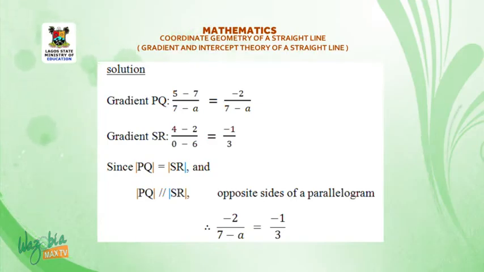Since the line PQ is parallel to SR, that is, opposite sides of a parallelogram, therefore minus 2 all over 7 minus a is equal to minus 1 all over 3.